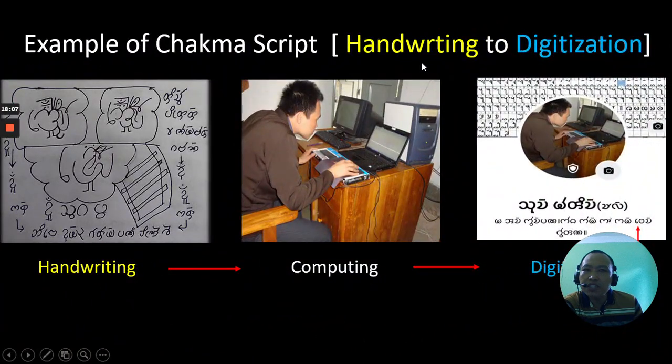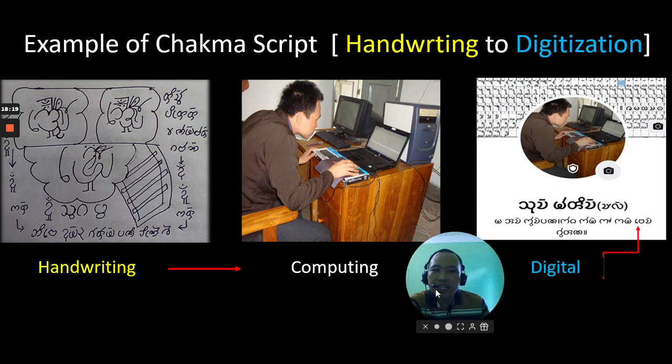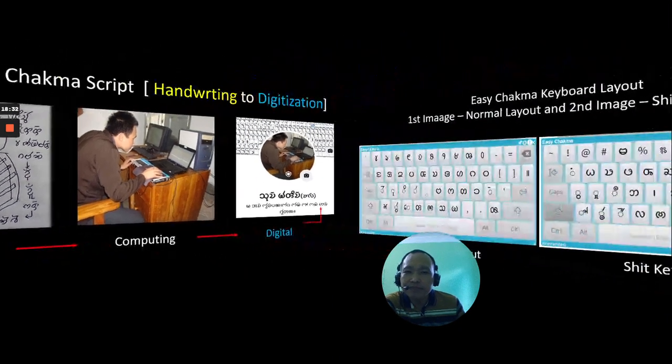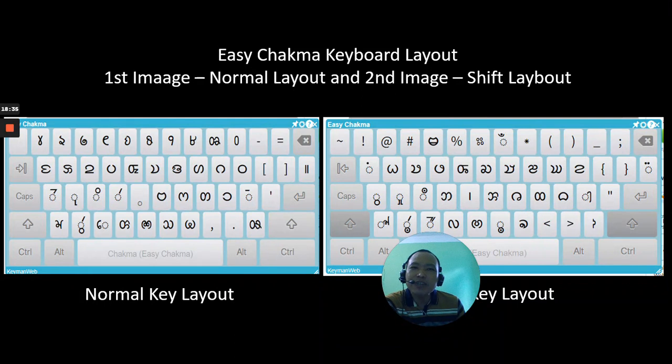Example of Chakma script handwriting to digitization. This is my handwriting style. Now I am trying it on a computing system after hard work. Then I successfully digitized it with help from Microsoft, Google, the Keyman team, Apple, Unicode Consortium, etc. Easy Chakma keyboard layout.